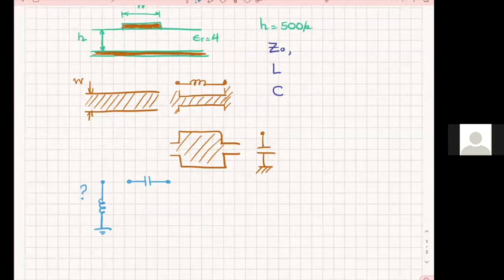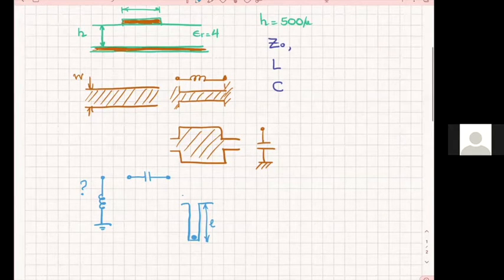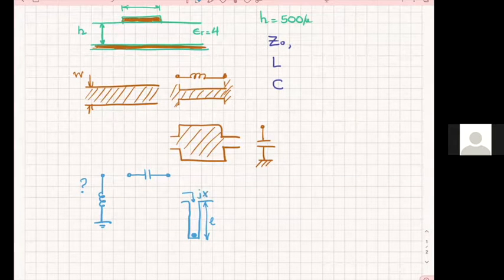Now, you can do it. Obviously, you can use a stub, which is shorted at the end, and then you calculate L. Excuse me, I was thinking about the characteristic impedance of the stub. So that gives you a particular inductance, jX. So you can do an inductance there.